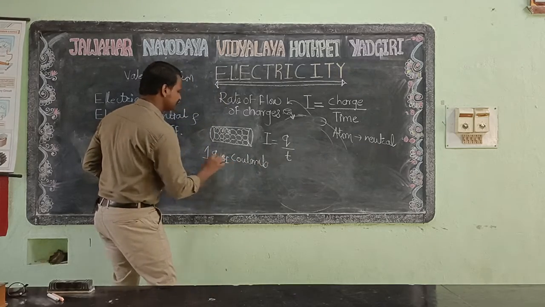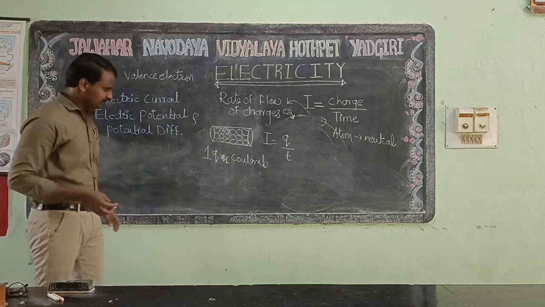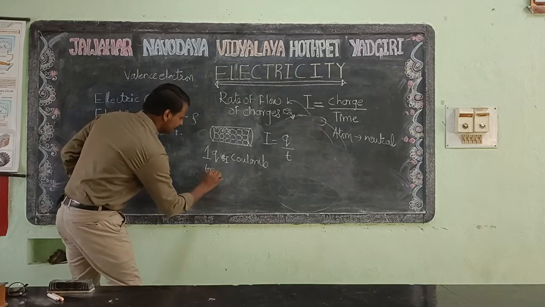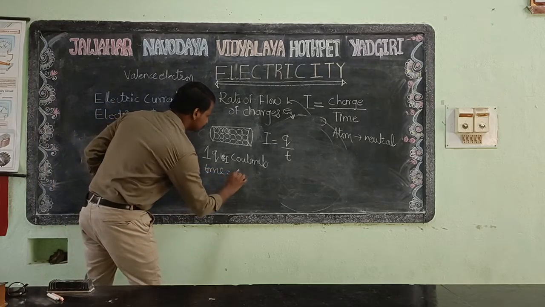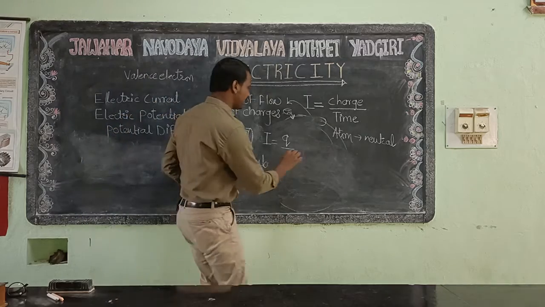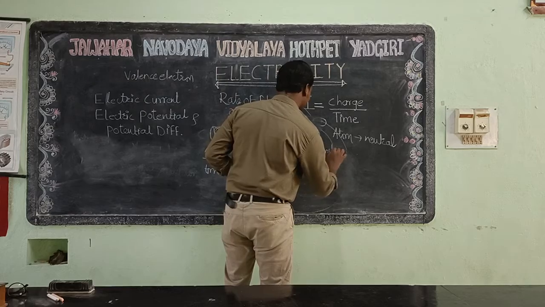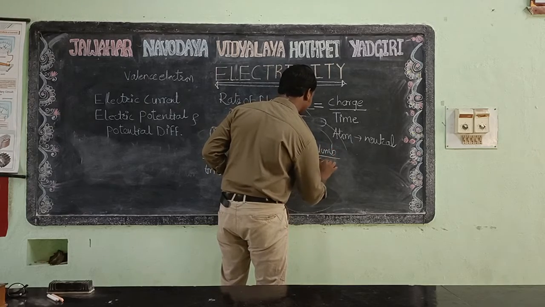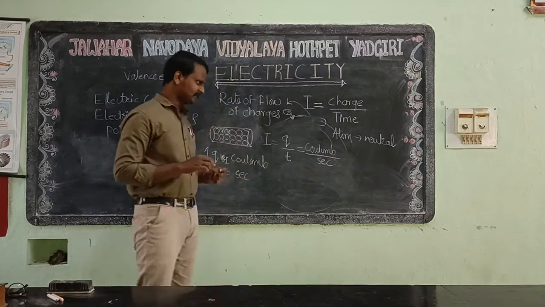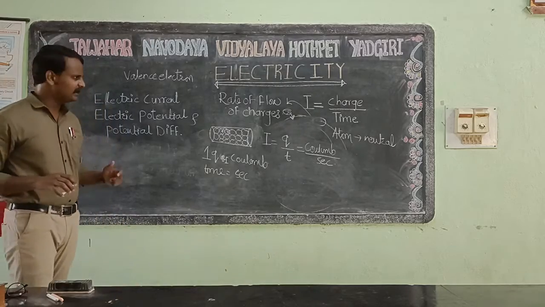The SI unit of charge is coulomb, and the time is measured in seconds. So we can write coulomb per second. This is the SI unit of the current.